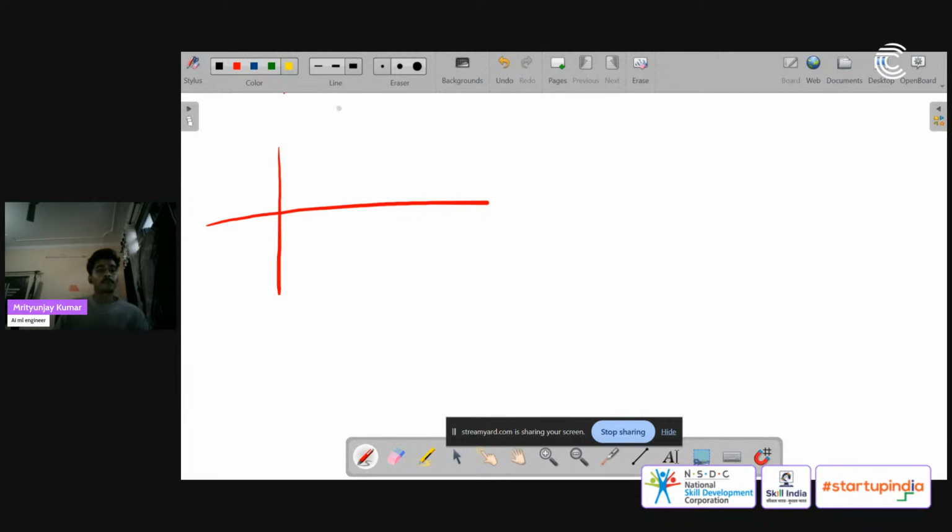Think of it like this: these are our error points. This is our best fit line. After minimizing, the error will become zero. You can forget this one, it doesn't matter here.